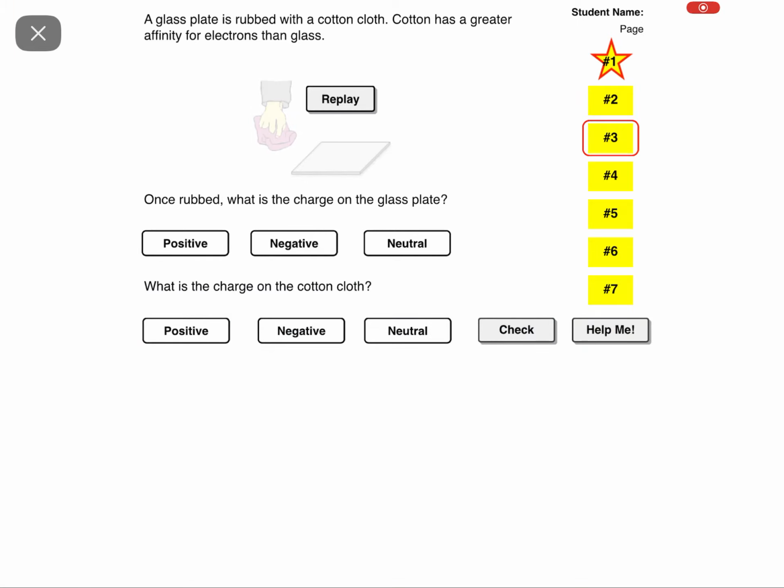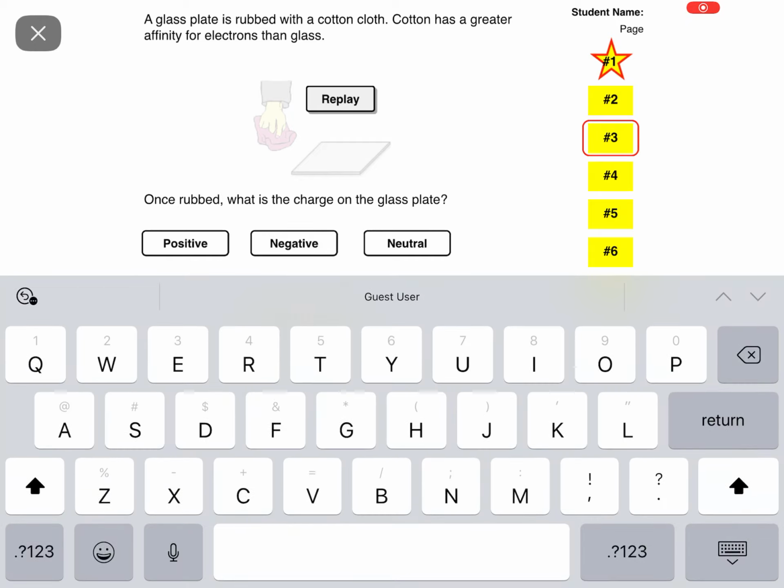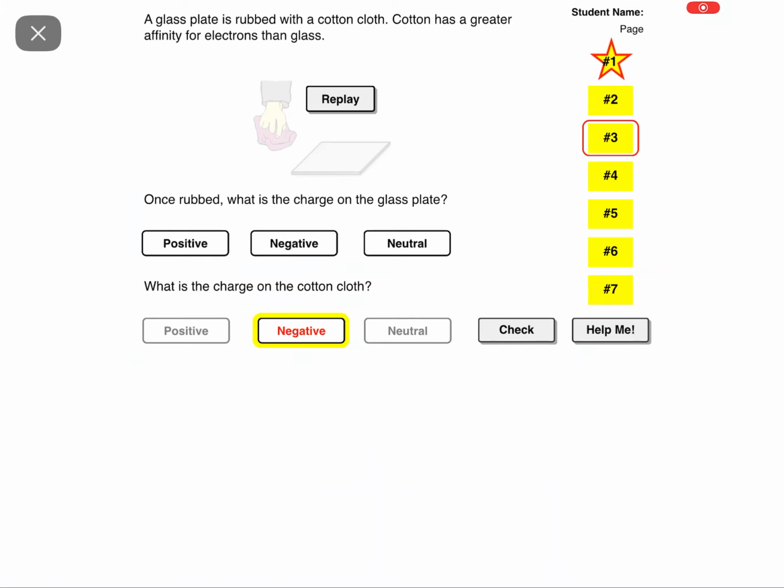So again, a glass plate is rubbed with a cotton cloth. Cotton has a greater affinity for electrons than glass. So that means the glass is going to give up its electrons to the cotton. A greater affinity means it wants to take electrons. So the charge on the cotton is going to be negative because it wants to take electrons.